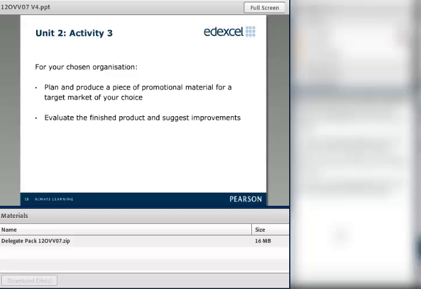They need to plan who they're going to target, how they're going to do that, and what the material is going to be about. But also within their plan, they need to have some sort of mock-up, not the finished article, of what it is they're going to produce.